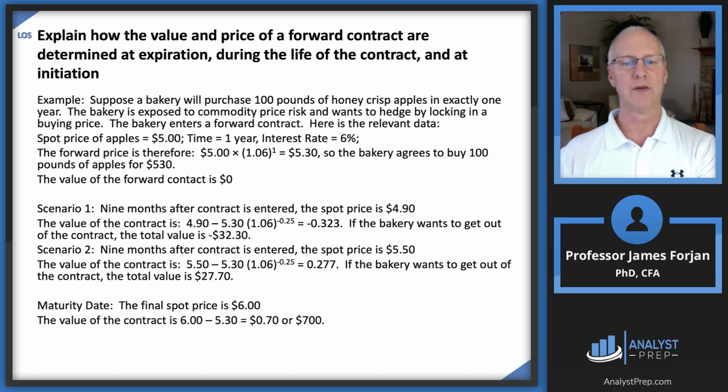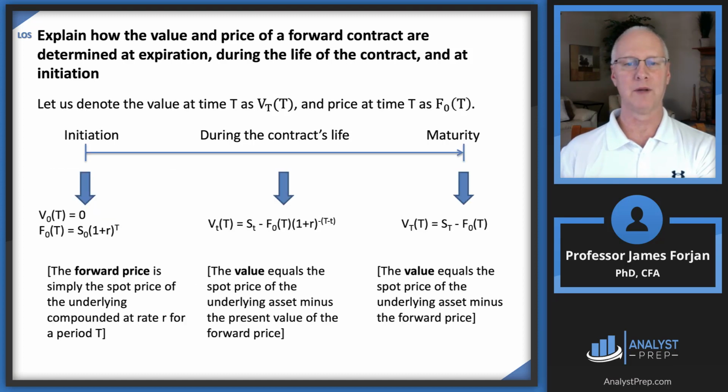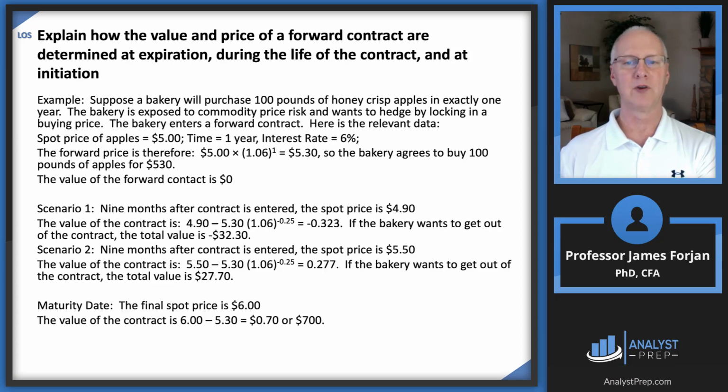And so the value of the contract using that formula, let me go right back here, look at that middle formula there. So the value of that contract is $4.90 minus the $5.30, and then we're going to take that present value. And so where did I get the minus 2.5? So 1 year contract, after 9 months, we have a fourth of the year left, right? 9 divided by 12, that's 3/4, so we only have 1/4 left.